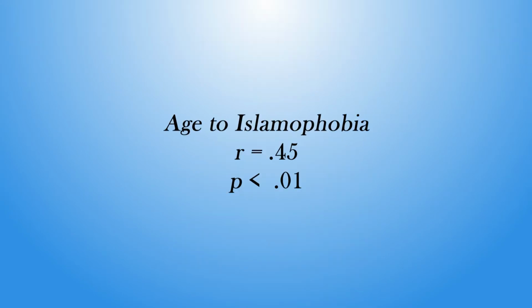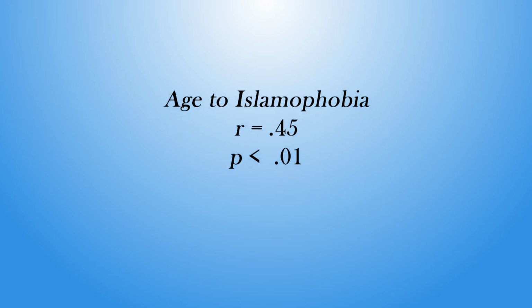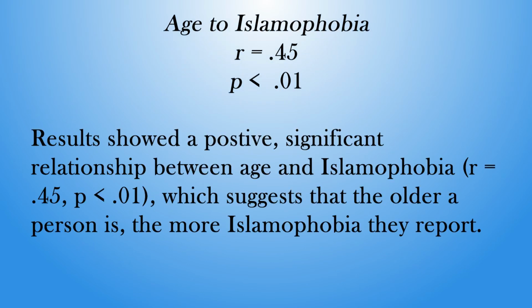So, if you saw a correlation of 0.45 with a significance of 0.001 between age and Islamophobia, you could write that you found a positive, significant relationship that suggests that the older a person is, the more they exhibit Islamophobia. The 0.45 is positive, and it's a pretty moderate number too.